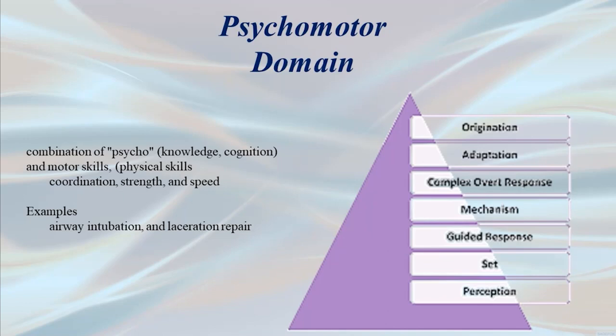The psychomotor domain is a combination of psycho, which is knowledge and cognition, and motor skills. In medicine, the psychomotor domain has a significant knowledge component. For example, in airway intubation, background knowledge of the upper airway anatomy and also disease processes is an essential prerequisite for a student to know them and be able to do the intubation.